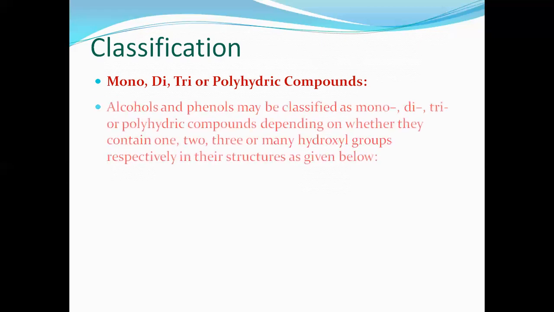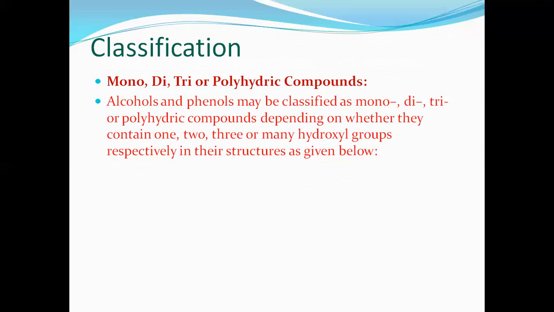If the compound contains only one OH group, then it is called monohydric. If they contain two OH groups, then they are called dihydric. Similarly, three OH groups, trihydric, and if they contain more than three OH groups, then they are called polyhydric compounds.